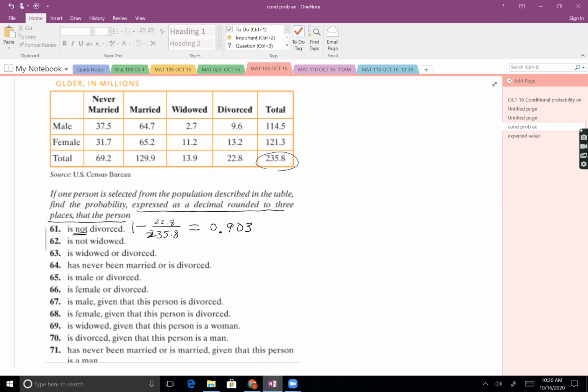We're typing this in right as it looks. 1 minus 22.8 over 235.8.